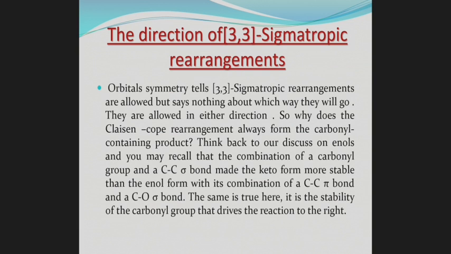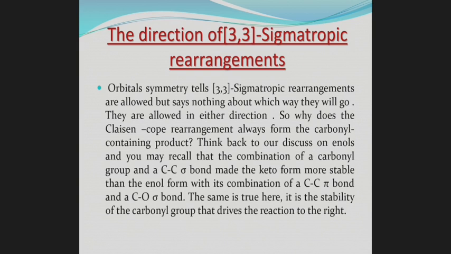The direction of 3,3 sigmatropic rearrangements. Orbital symmetry tells us 3,3 sigmatropic rearrangements are allowed but says nothing about which way they will go. They are allowed in either direction. So, why does the Claisen rearrangement always form the carbonyl-containing product?